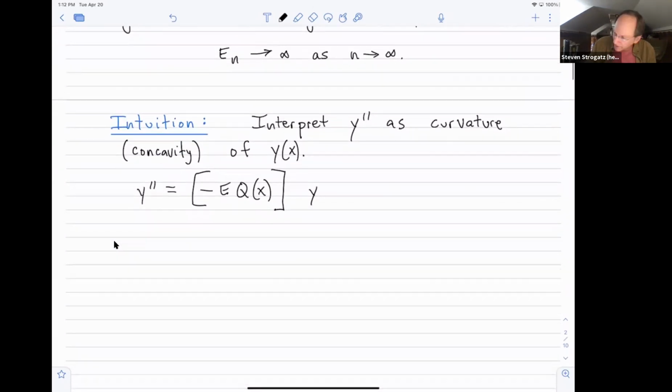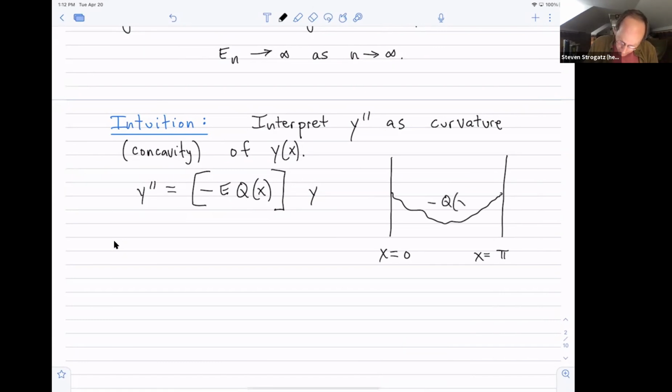If I draw my picture of, say, the region between x equals 0 and x equals pi, and let's suppose negative q of x, which is what we see appearing on the right-hand side of this equation, is some kind of thing like this, where 0 is up here somewhere, because q was assumed positive. So you've got some negative quantity there.